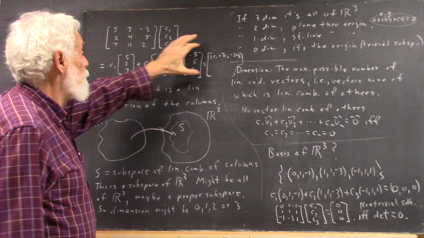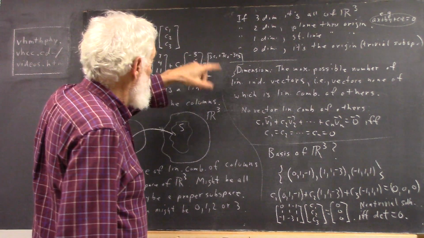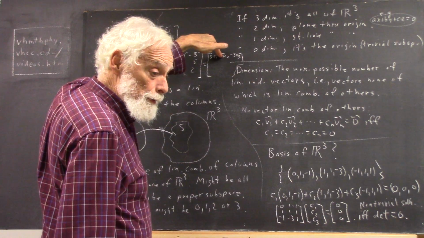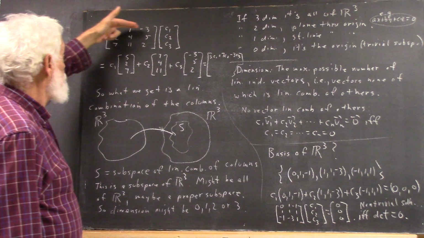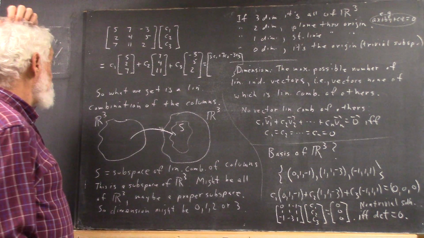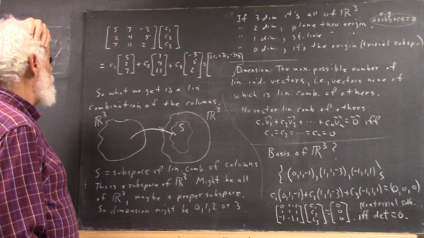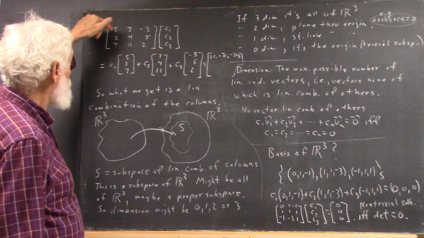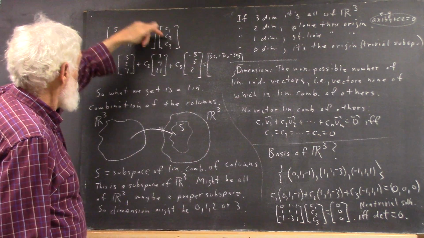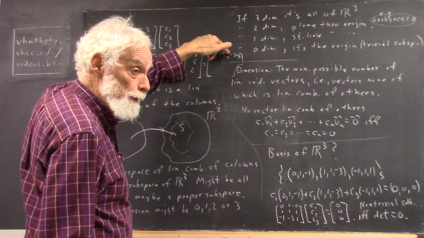If we do those multiplications, we're going to get this number in the first row of our column matrix. Well, 5, 7, negative 3 times C1, C2, C3 gives us 5C1 plus 7C2 minus 3C3, just like it does here.